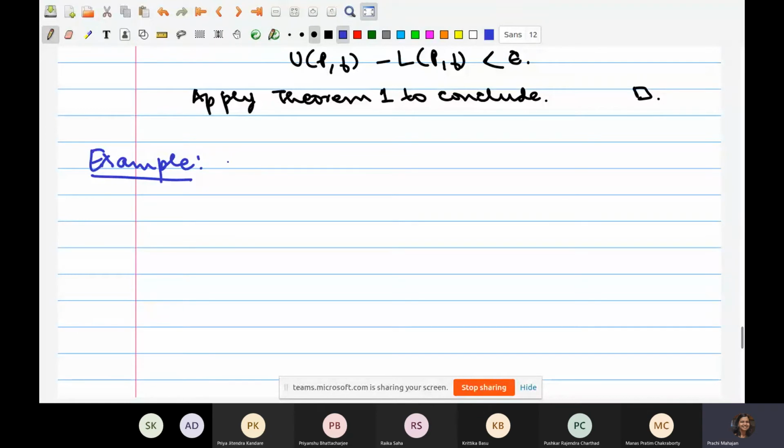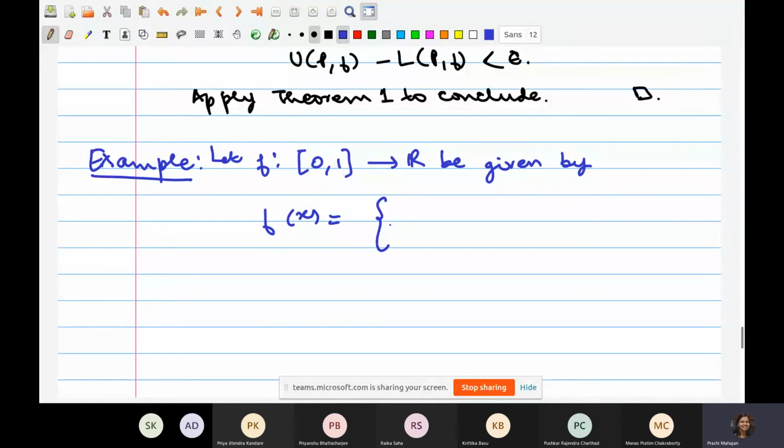Let's consider the interval 0, 1 and let f be defined as follows: f is 0 if x is half and it is 1 otherwise.